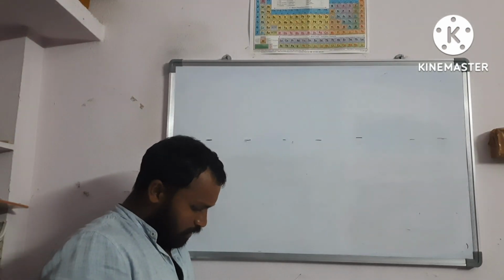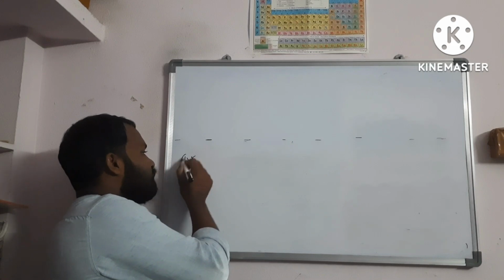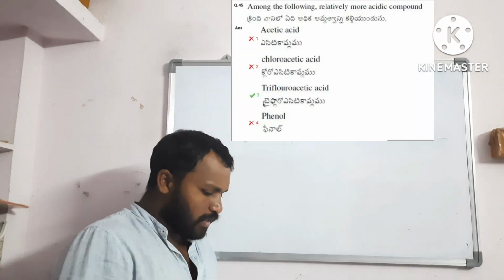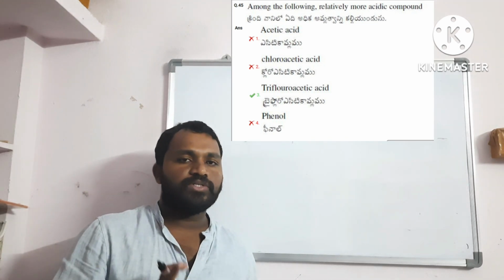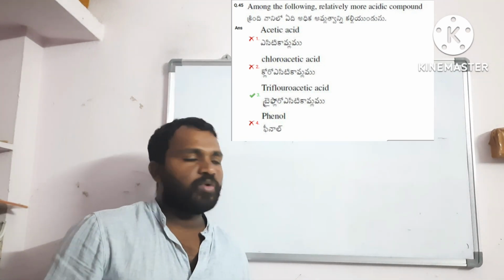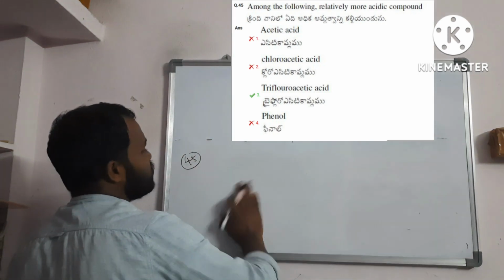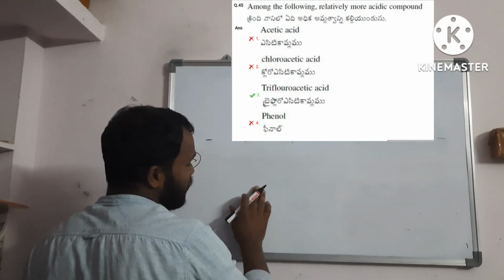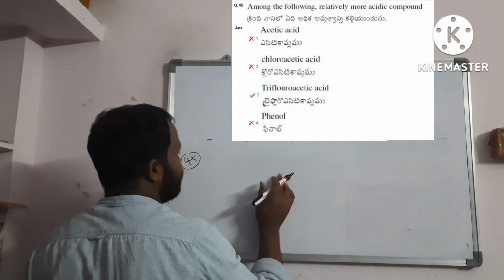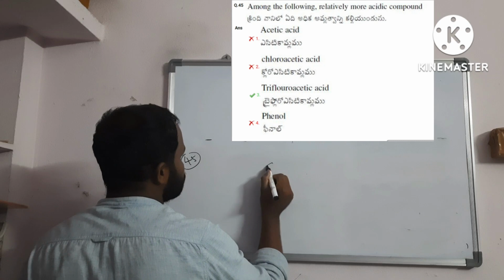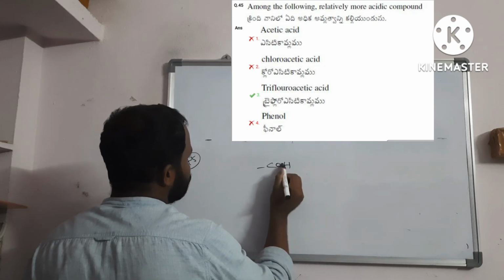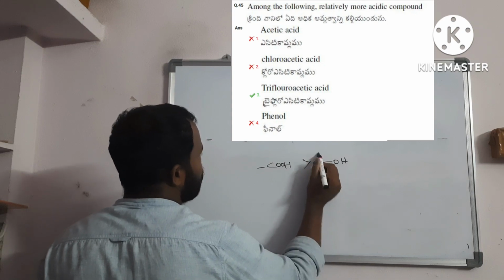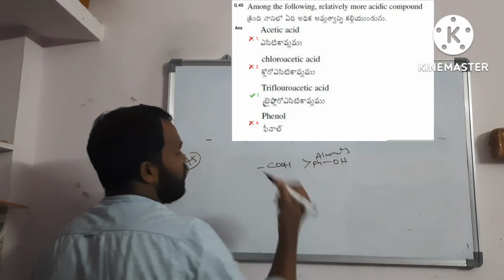Next, question number 45. Among the following, which is the relatively more acidic compound? Before that, remember that the acidity of acids is greater than that of phenols or alcohols.